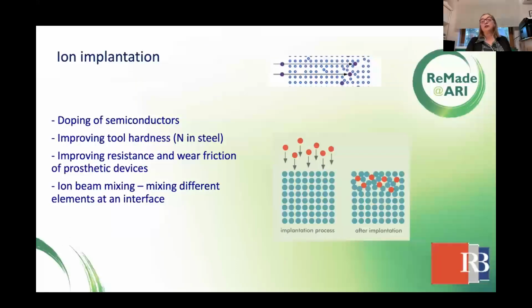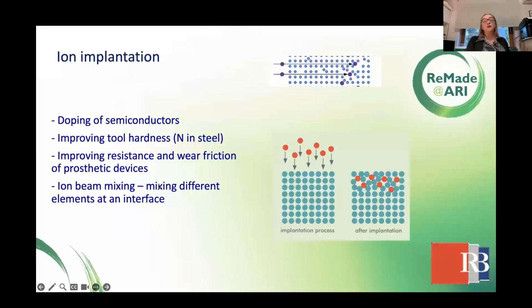So ion implantation today is used not only for doping of semiconductor materials. We put some ions which stay in the material. We sometimes do some annealing or some other procedure.